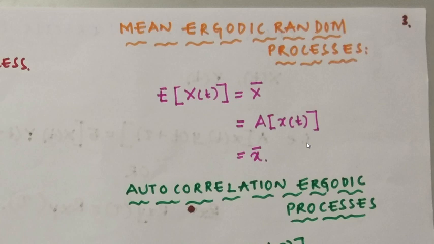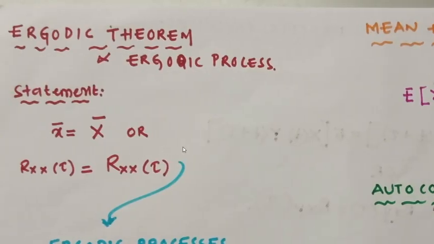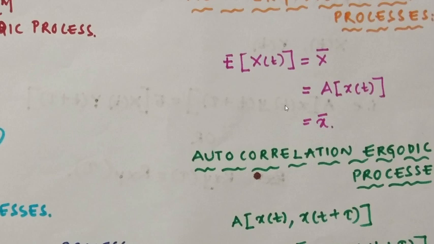A random process X(t) is said to be mean ergodic if the time average of a sample function is equal to the statistical average of that random process. That is, x bar is equal to capital X bar, and that is named as a mean ergodic random process.